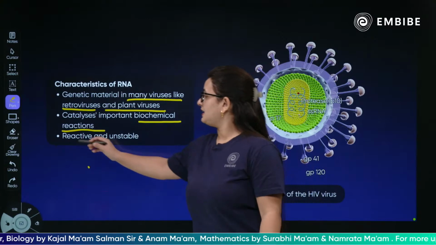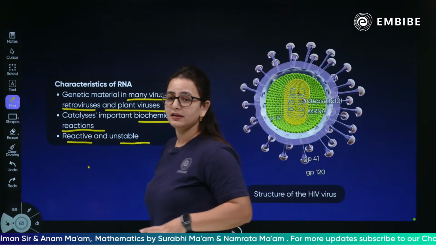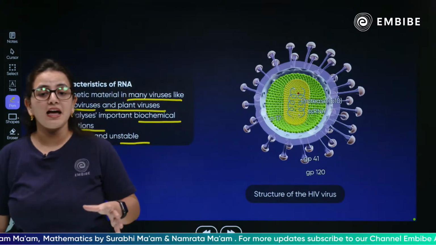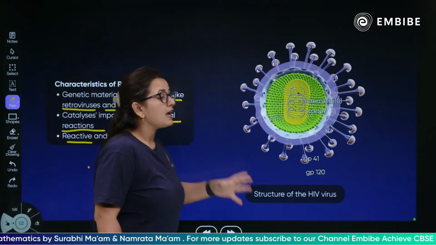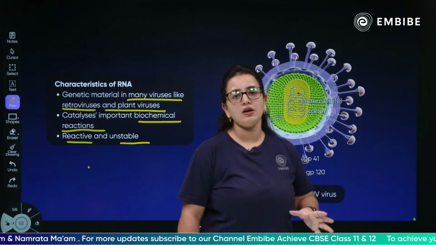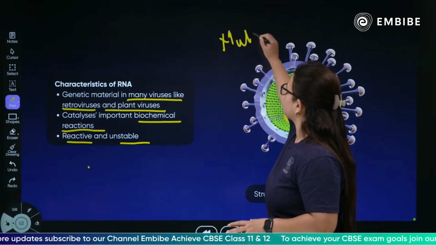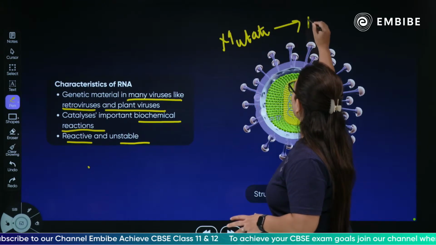And they are very reactive and unstable. All of you know about COVID-19, a virus which has RNA as its genetic material. It was able to cause infection globally because it was able to mutate at a much faster rate.